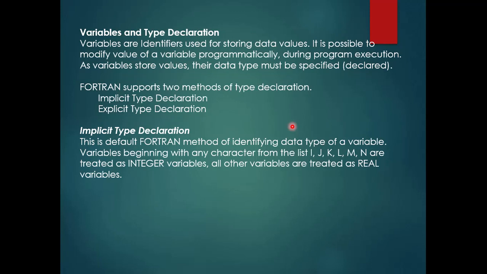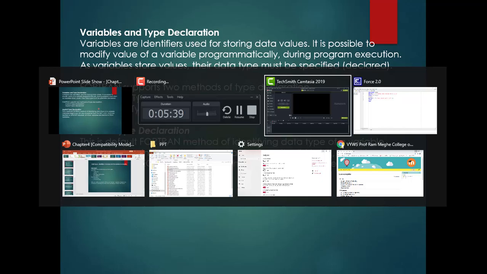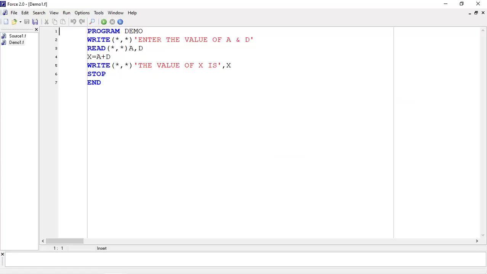Then we can go ahead with the variable and type declaration. Just in between I will tell you what exactly the program is all about. We have not yet started the programming, but you can check this out. These are the lines, 1, 2, 3, 4, 5, 6, 7 lines. This is file, edit, search, view, run, options, likewise.